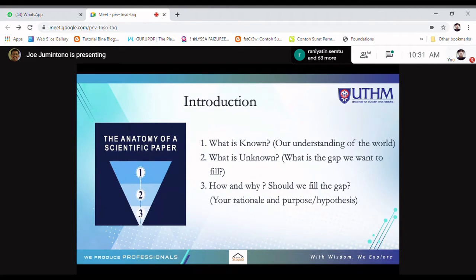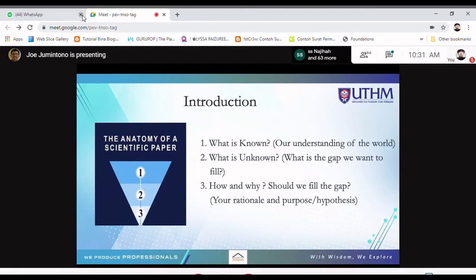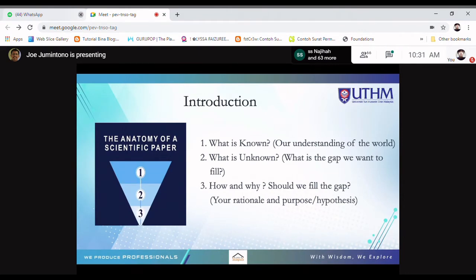Start from the broad one. Very broad. Take for example, my research topic is educational leadership. This is my research interest. So what is known in educational leadership? The broad one is talking about education.